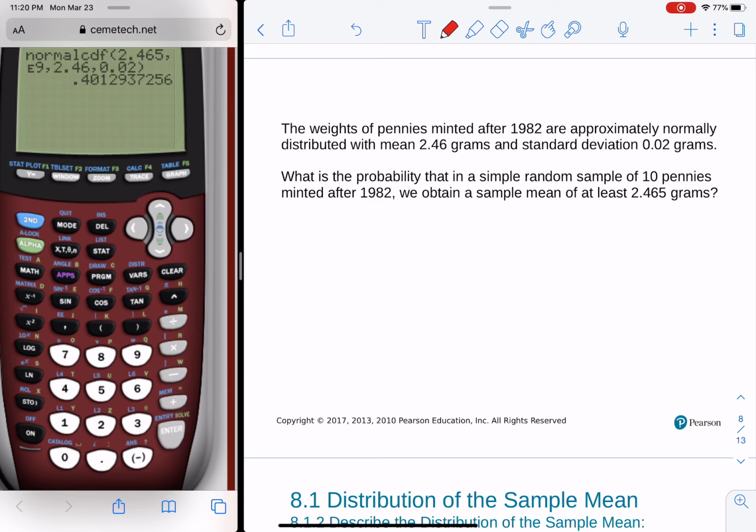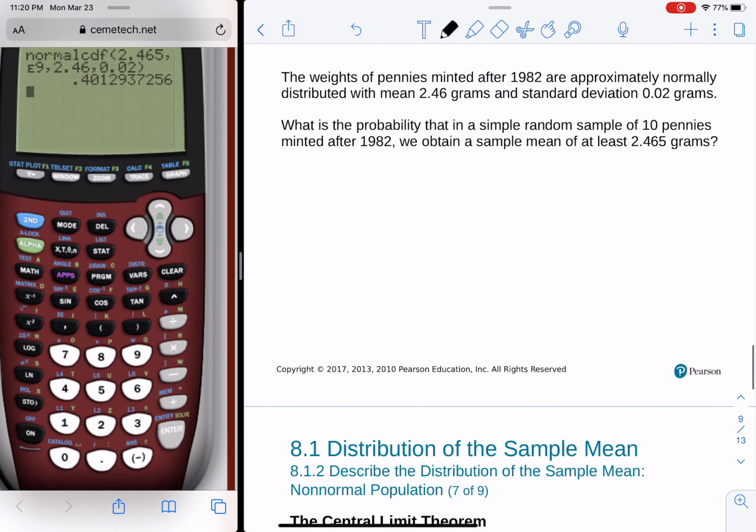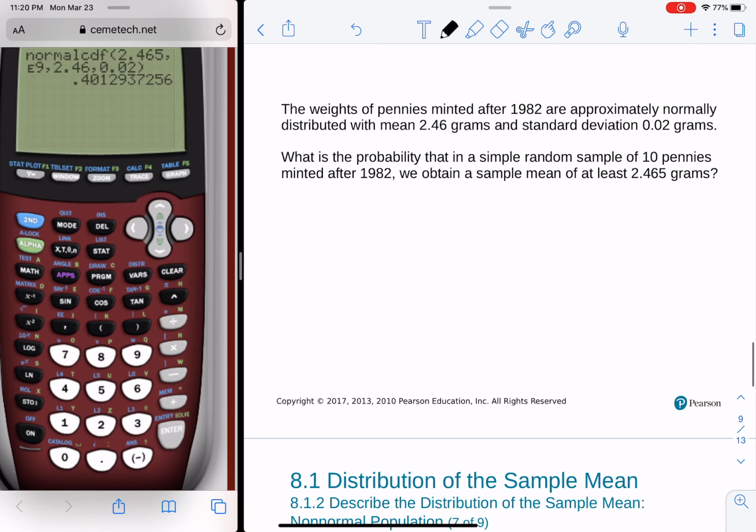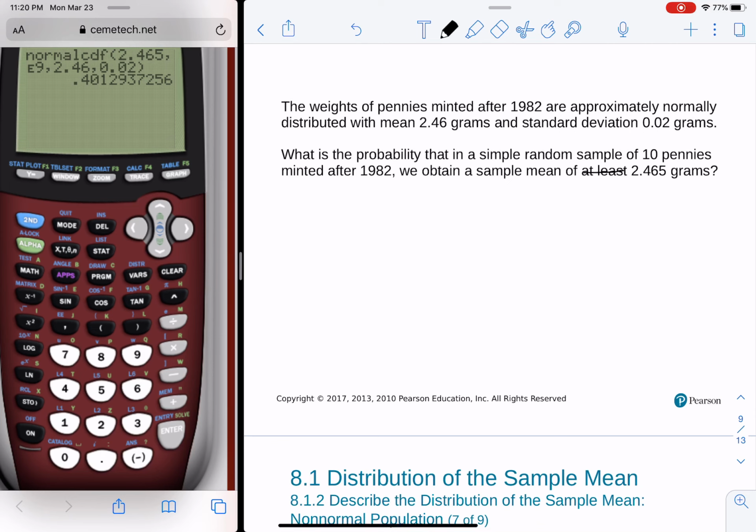So the same scenario here, but what we have to find now looks like it's the same problem, so we can change it to at most 2.8 grams. So we want to find the probability that the average weight of 10 pennies is at most 2.8 grams.